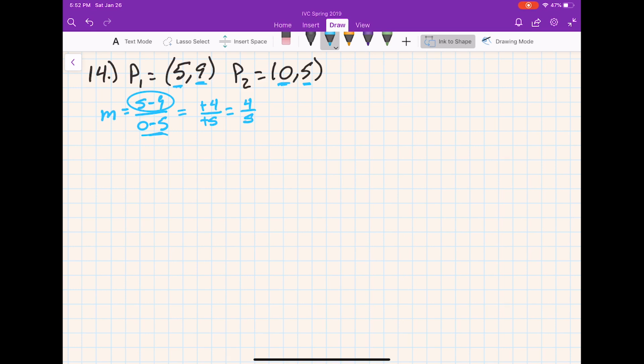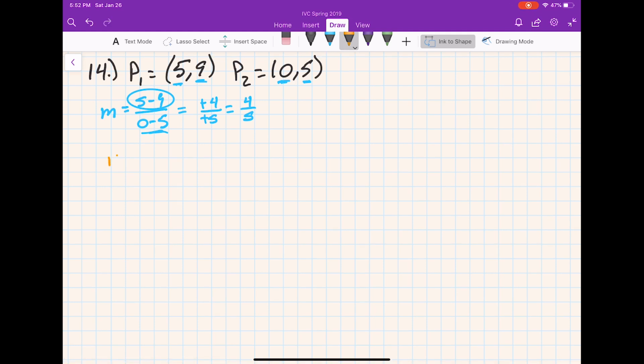Now we need to use our point slope form. It's a different color here. Not x, y. There we go. y minus 5. I'm using this point here. Equals 4/5 times the quantity x minus 0, because you got to use the same pieces from that point.